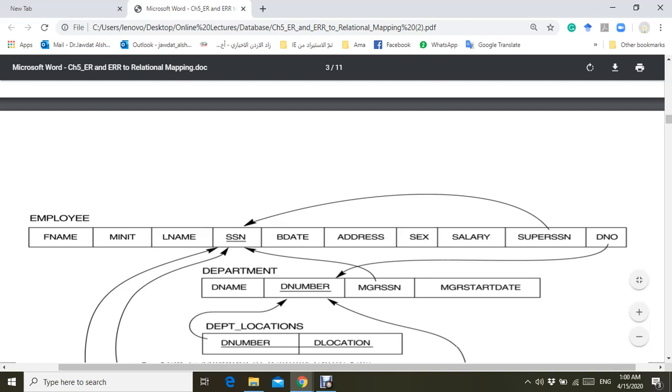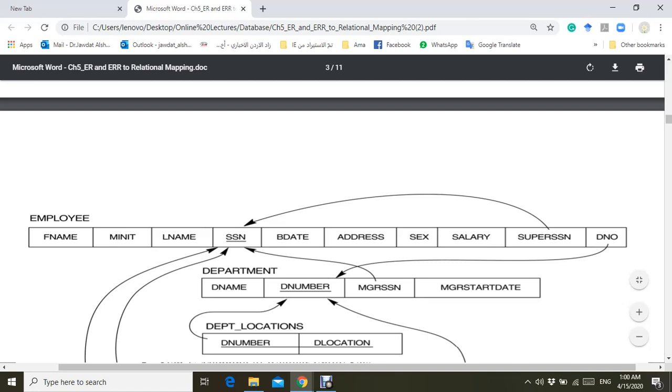So we put the primary key of the one side in the many side, which is employee, and it became like a foreign key here. So we now know in the relational schema this employee's supervisor by his social security number, and in which department he is working. Okay, so that's what we mean by mapping.